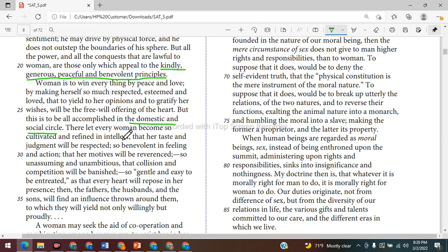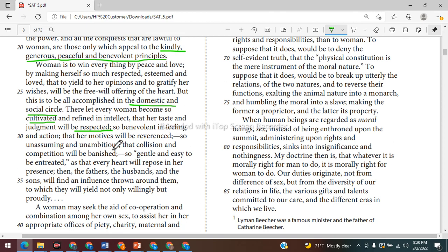There let every woman become so cultivated, so refined in intellect, that her taste and judgment will be respected, so benevolent in feeling and action that her motives will be reverenced, so unassuming and unambitious that collision and competition will be banished, so gentle and easy to be entreated, that every heart will repose. You're just trying to describe a woman.